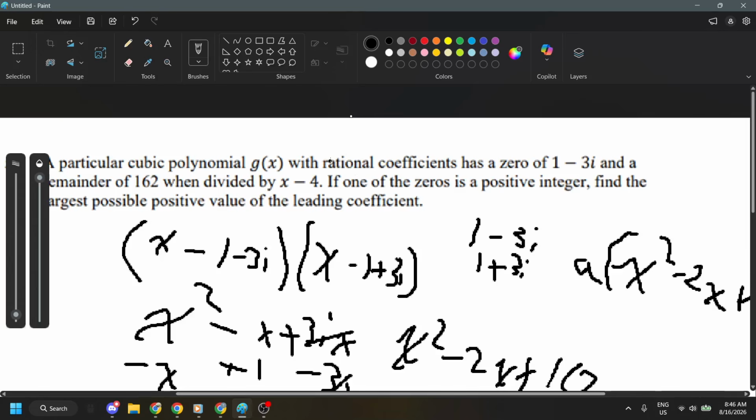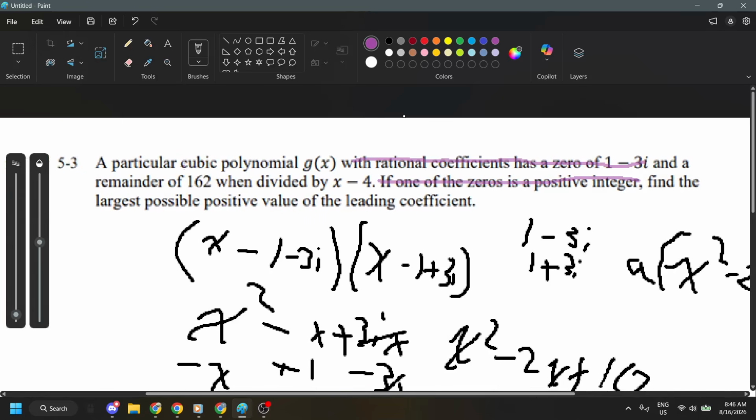Okay, so we have followed this. We have done this little thing. It's a cubic polynomial.